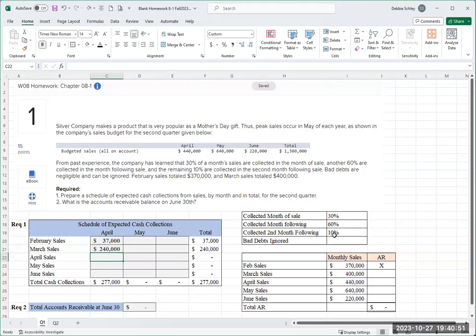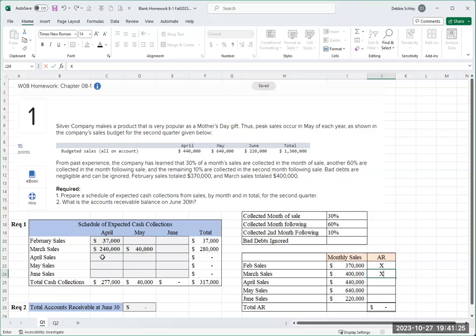Now I still have some to collect from March sales in May, right? March, April, May, the second month following. So I am going to reference March sales times the second month following, 10%. So we just finished collecting all of March sales, and there's nothing left in accounts receivable from March sales.